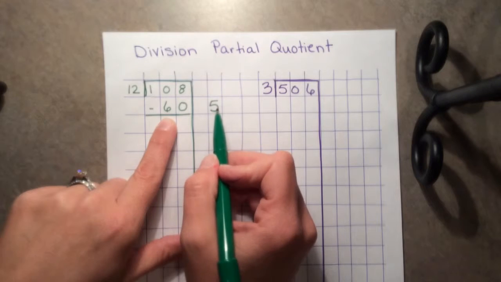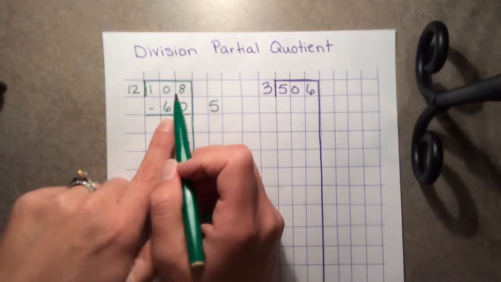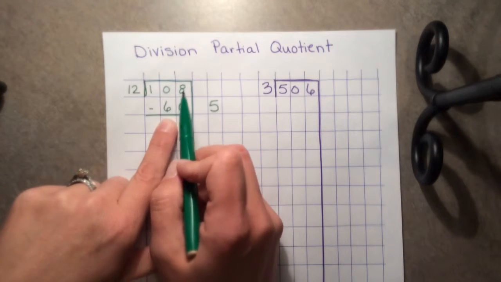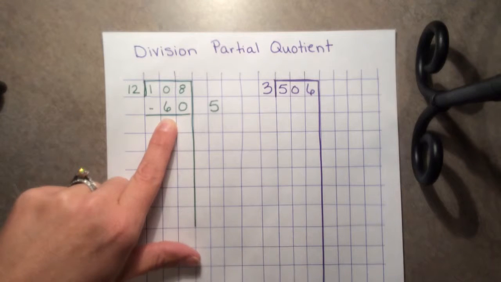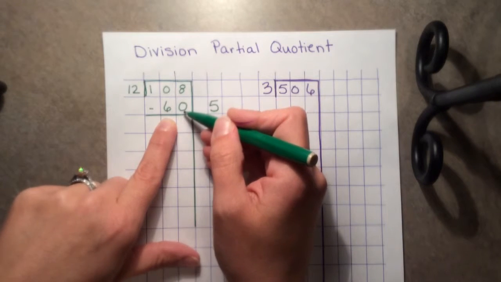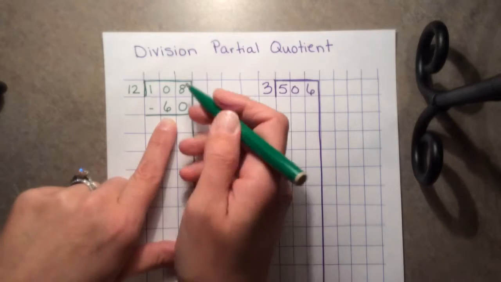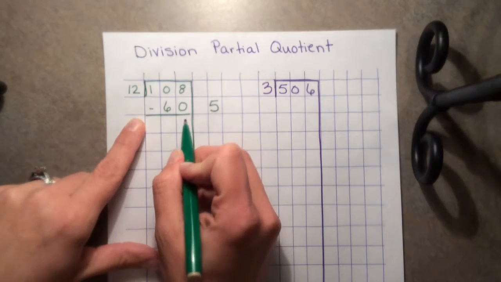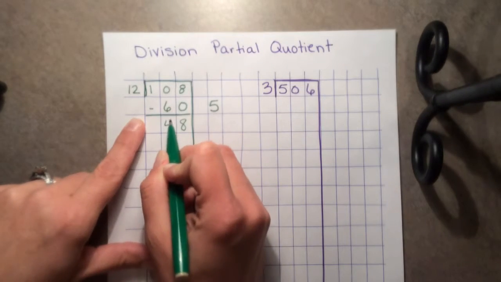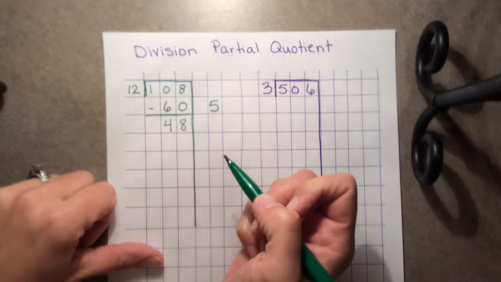Or I used 5 groups of 12 from my 108, and that means I removed 60 things from my group. I then complete the subtraction problem, and I find that I have 48 left.